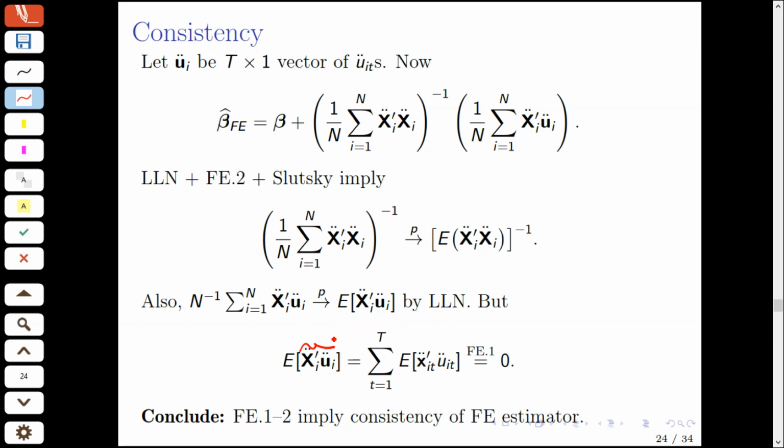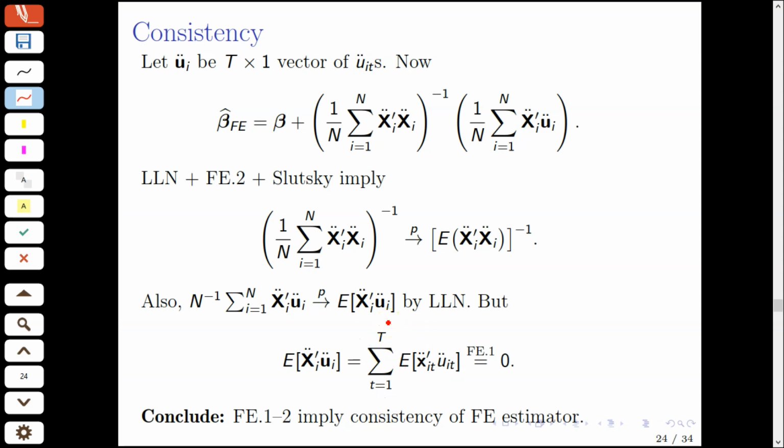the components inside this expectation, we can write it as the sum of the product of the time-specific within transformed regressors and time-specific within transformed unobservable, so that we can pull the expectation inside each part of the sum here.